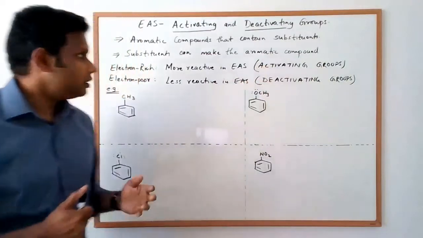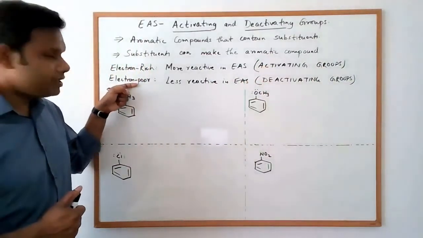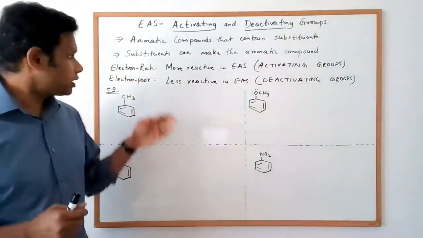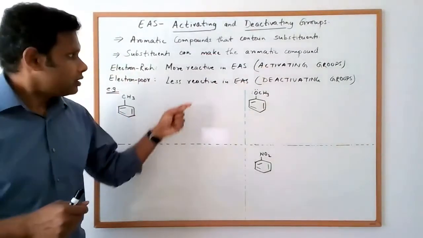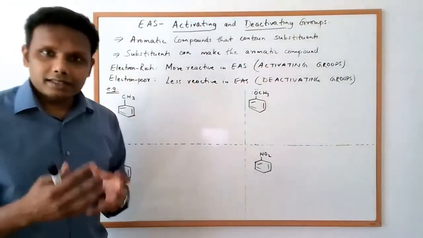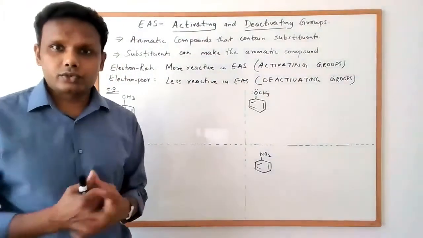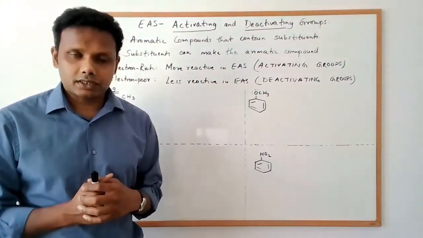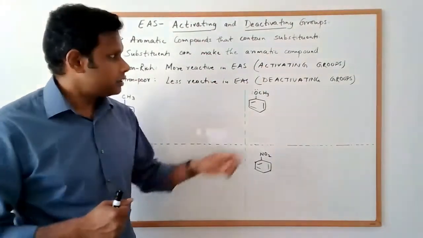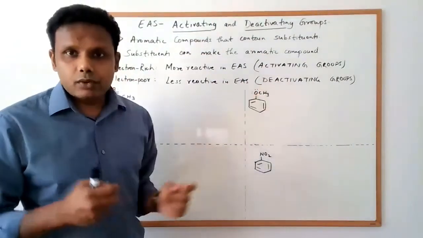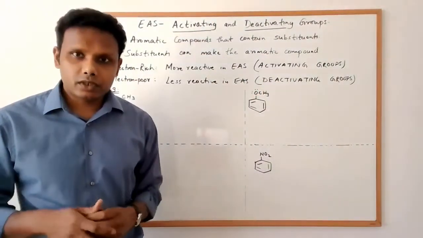On the other hand, if the substituent makes the benzene ring electron poor, then the ring is going to be less reactive in an electrophilic aromatic substitution reaction. And in this particular case, the substituent is referred to as the deactivating group.